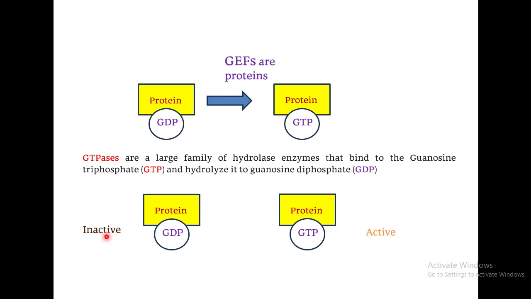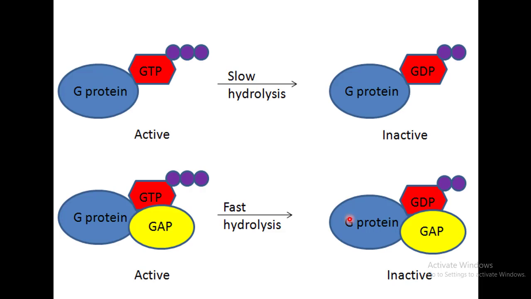They need the help of the family of proteins which are known as the GAPs, which we are going to discuss today. So let us discuss the GTPase activating proteins. For short, we call them GAPs. This is the GTPase protein. We also call it the G protein.